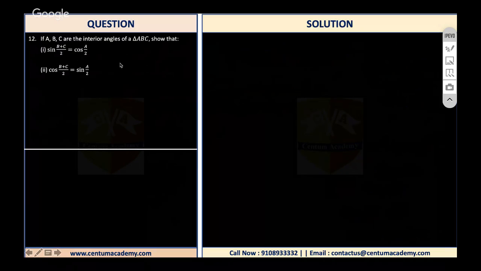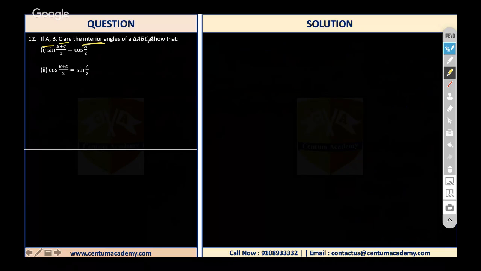Yeah, if A, B, C are the interior angles of a triangle ABC, all these questions have been asked in the previous year board exam, so it will be good practice for you to go through it once again. If A, B, C are the interior angles of a triangle ABC, show that sine of (B plus C) by 2 is cos A by 2, right? So it's always good practice to draw a quick diagram.